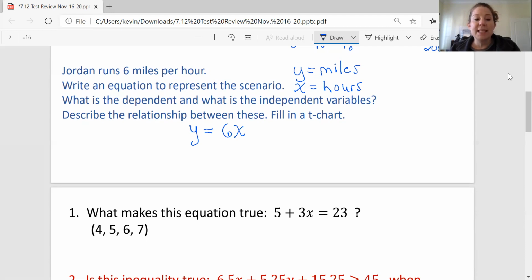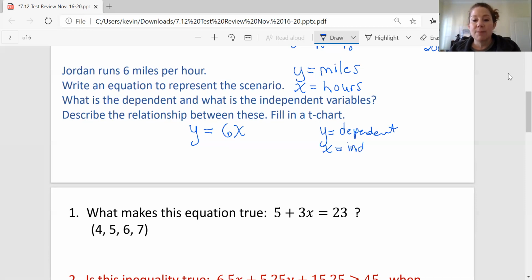Then it asks, what is the dependent and what is independent? The number of miles Jordan runs would have to depend on how many hours he runs, right? So that makes y our dependent variable, and x is independent, because Jordan could run 0 hours, or 1 hour, or 5 hours, or 10 hours.